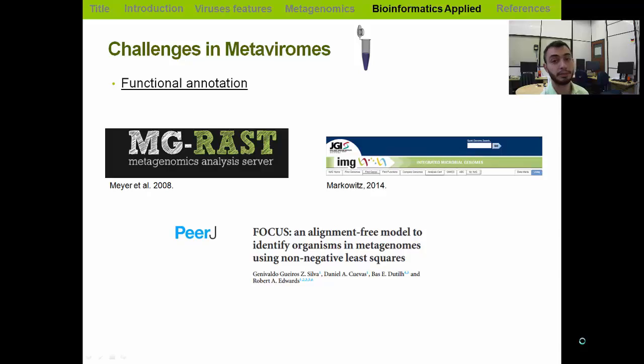Of course, it is not perfect, and we are learning a lot about it. We are studying how to do that. And there is this platform, MG-RAST. It's a platform to annotate and to do some quality control and quality analysis on reads from these metagenomes. It's a very good one, we use it.